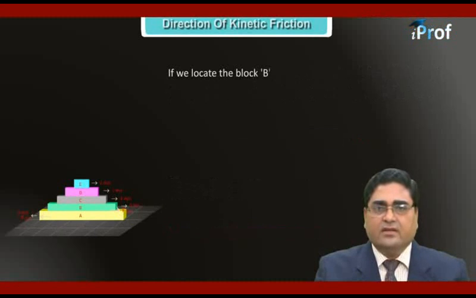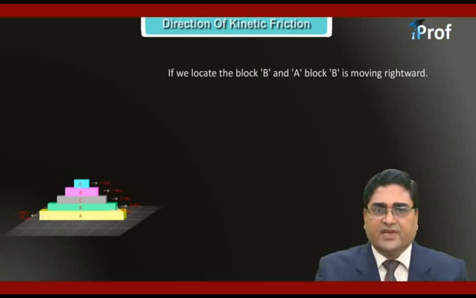If we look at block B and block A, since block B is moving rightward with velocity 5 meter per second and block A is moving leftward with velocity 5 meter per second, the relative velocity of block B with respect to block A is 10 meter per second rightward, and the relative velocity of block A with respect to block B is 10 meter per second leftward.